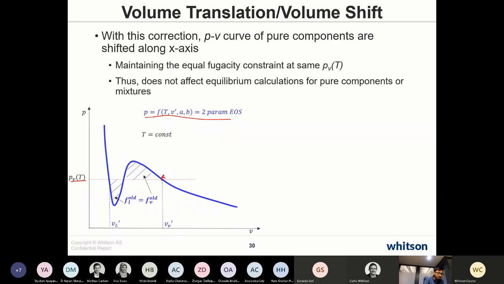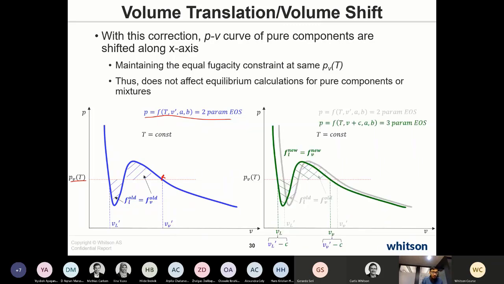And we know that this liquid phase molar volume and vapor phase molar volume are not correct with the 2-parameter equation of state model, and these have to be corrected with this Peneloux correction. When you do this correction, that's what we see on the right.